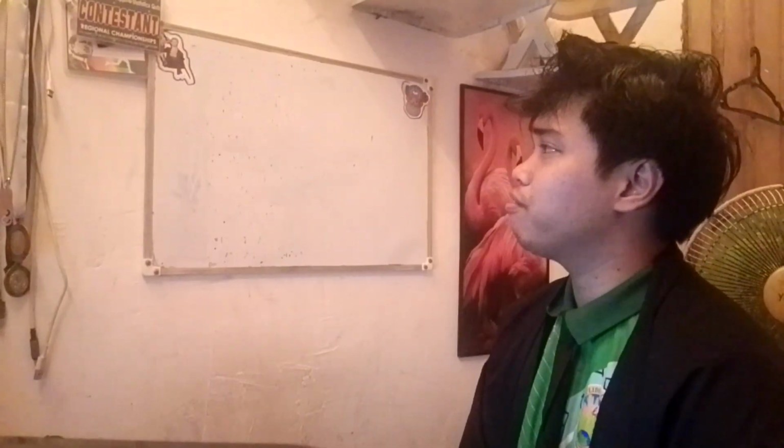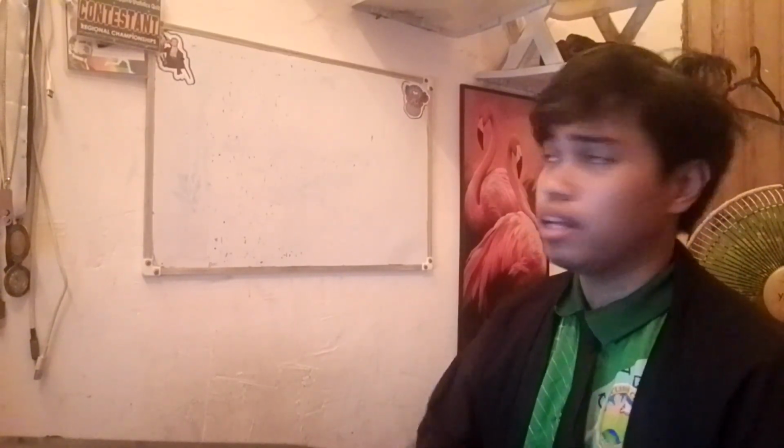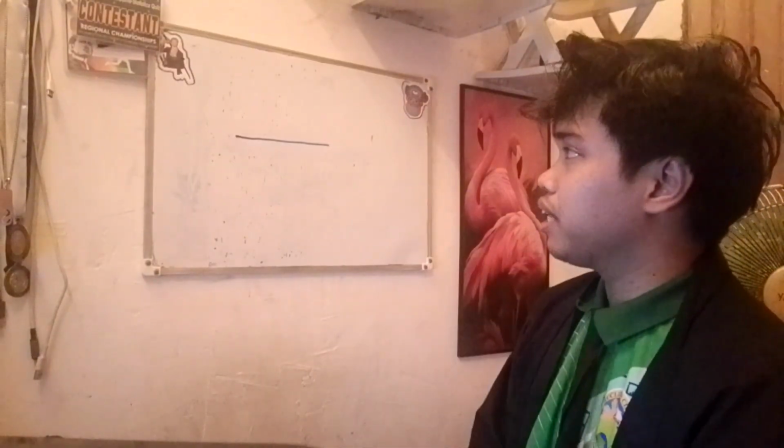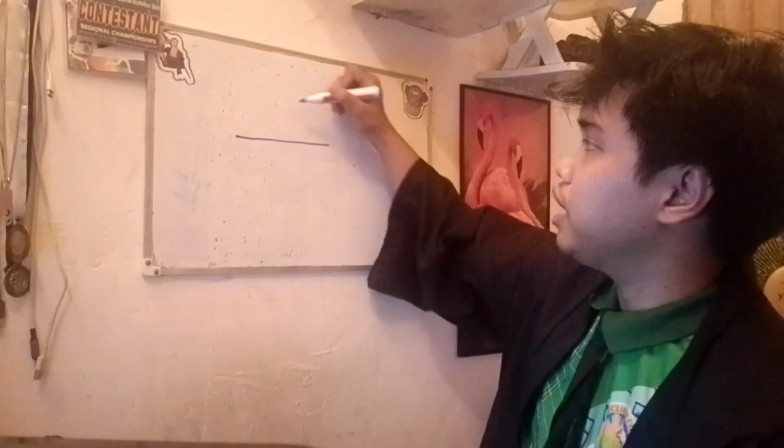Now, based on the wordings that I just said, it's quite hard to understand, but it's actually pretty easy to understand. Why not draw this to ease up our understanding. Imagine we have a horizontal line here, and a point here.